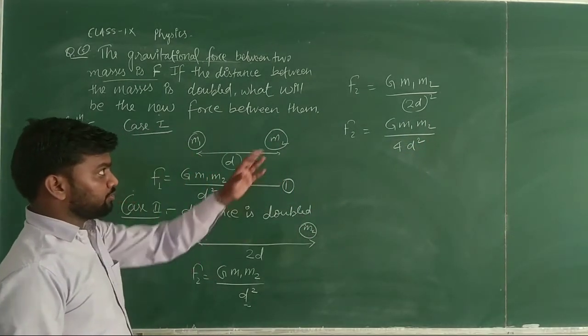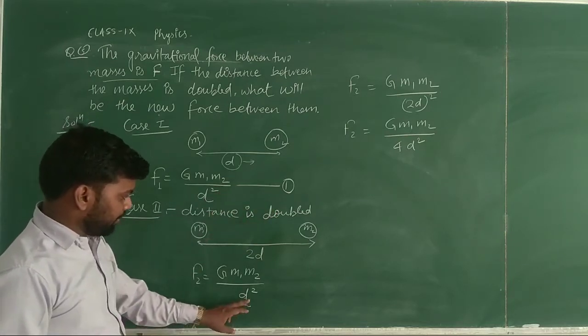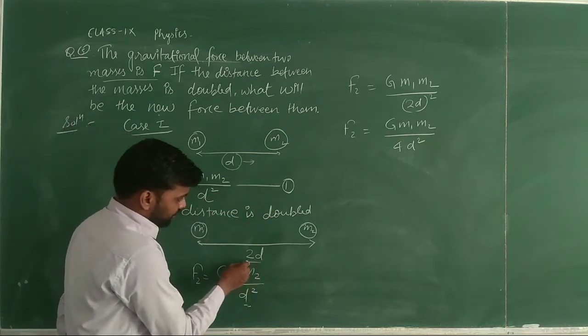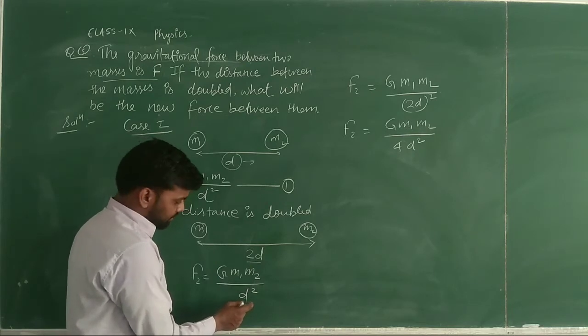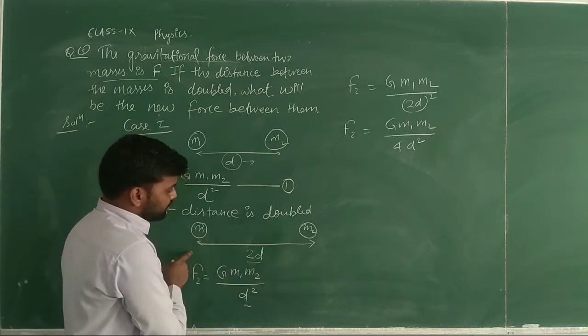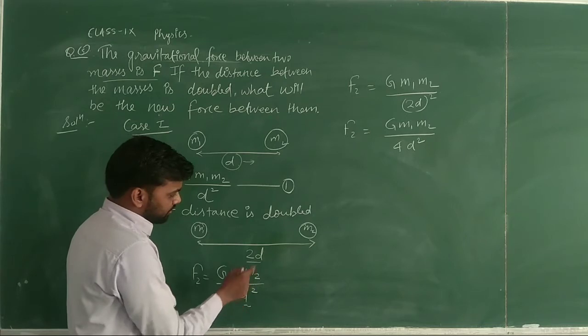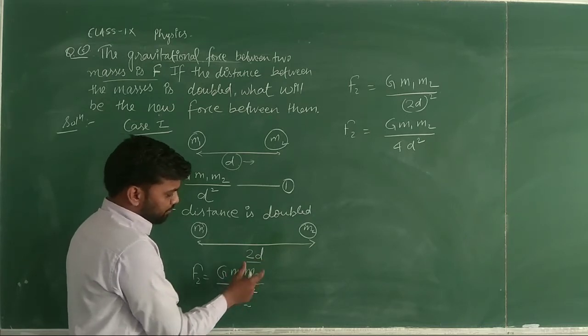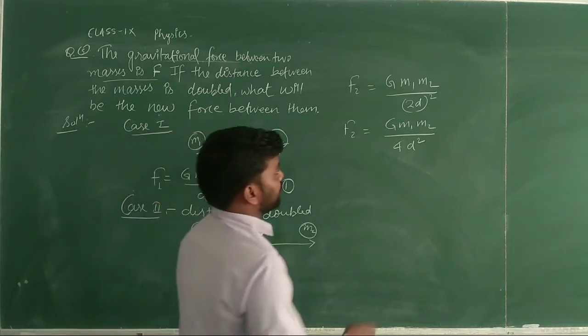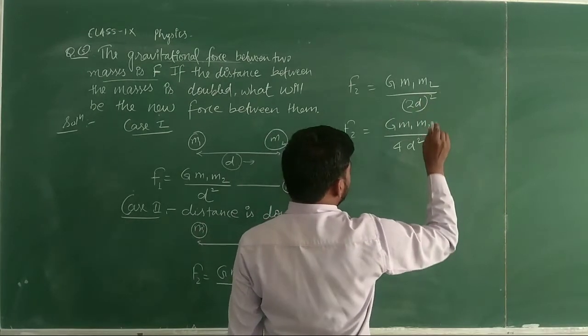Okay, because we have squared the denominator and we are putting 2d at the place of d. D is the distance between these two objects, but the distance here is 2d. So we will put twice of d, because according to the question the distance is doubled.